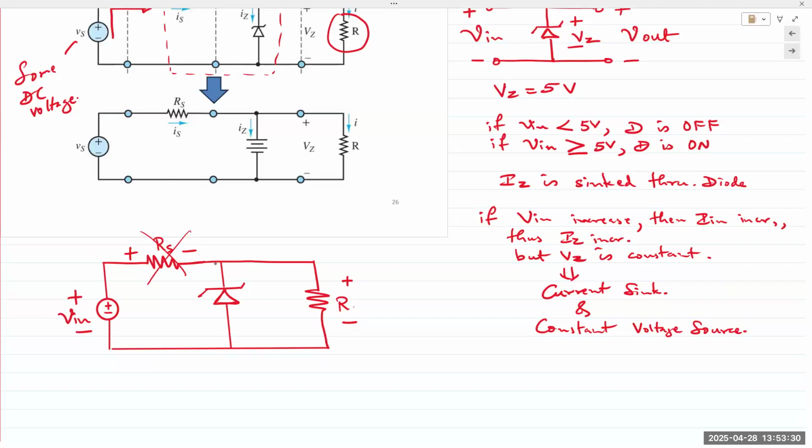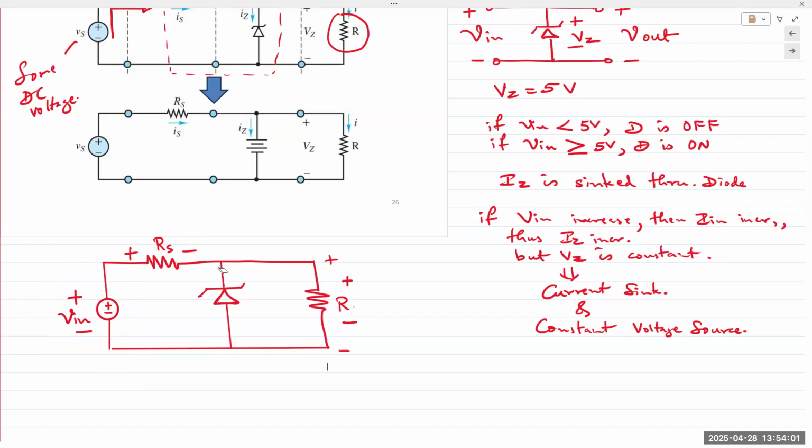But this output is directly connected to your source. It may inadvertently blow out your Zener diode. We do not create a voltage divider network. Either your Zener diode would not work, or it would sink so much current that it would blow out. So we add a RS resistor to limit the current.